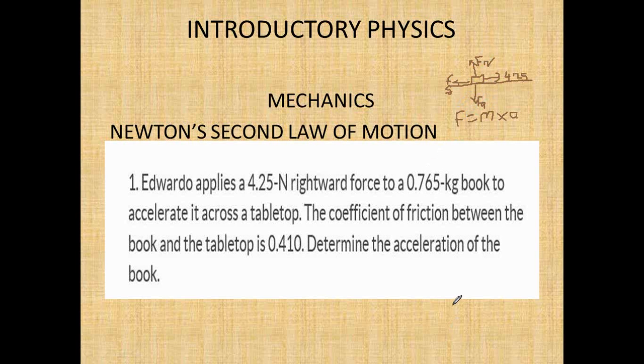So we have the mass of the book. The force due to gravity, which is the same thing as the normal force, is equal to the mass of the book times acceleration due to gravity.